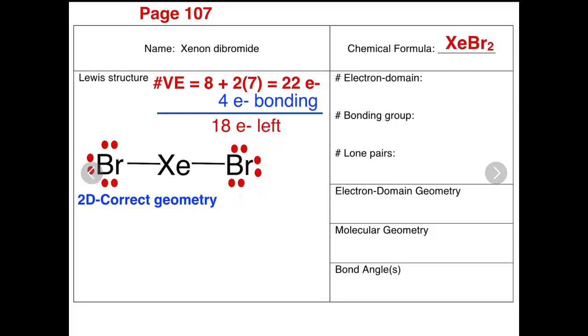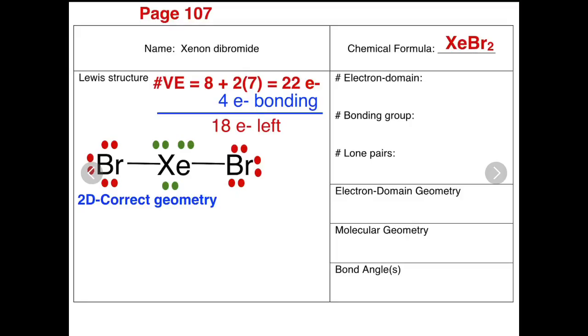We already spent 12, so we have 6 more to go. So the 6 more are going to go onto the central atom. Again, this is one of the exceptions to the octet rule, because xenon is in the 3rd row and beyond, so it can accommodate more electrons.